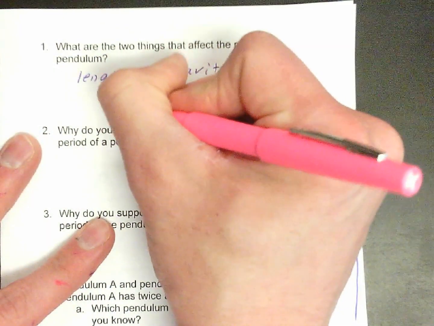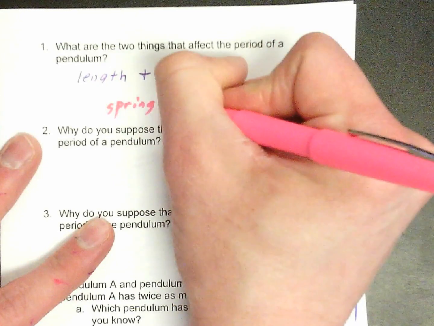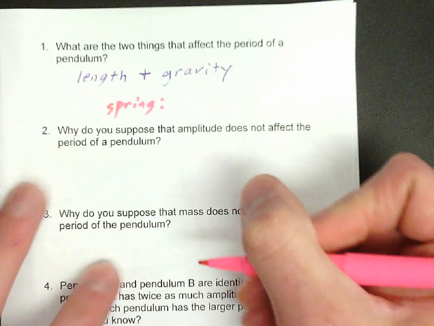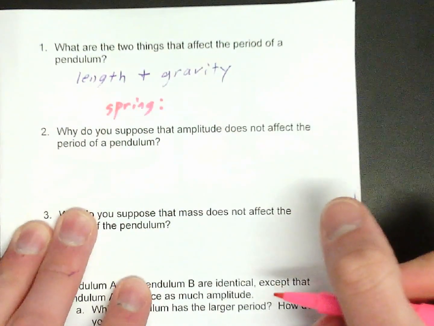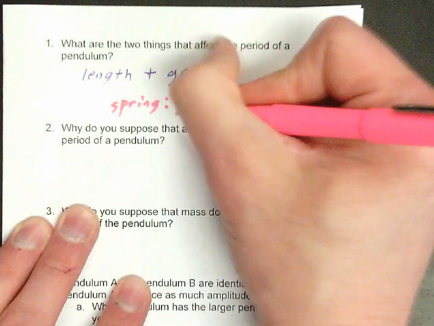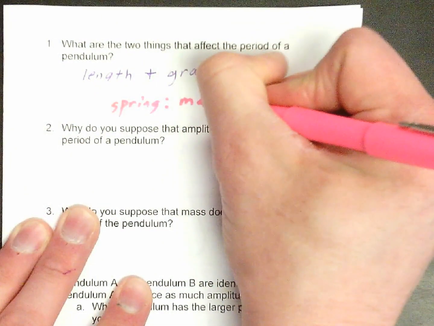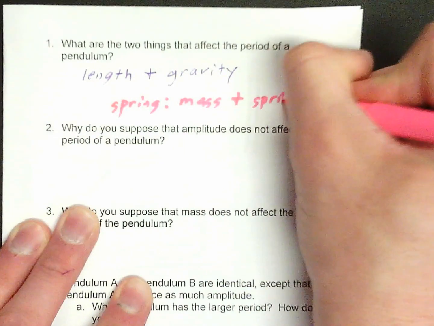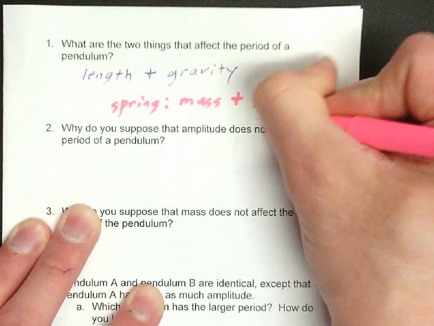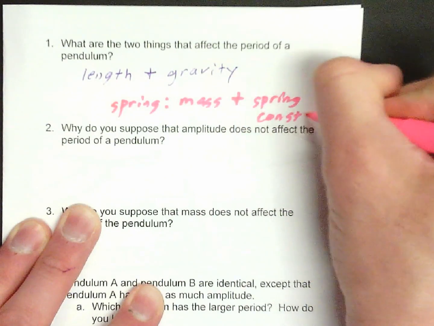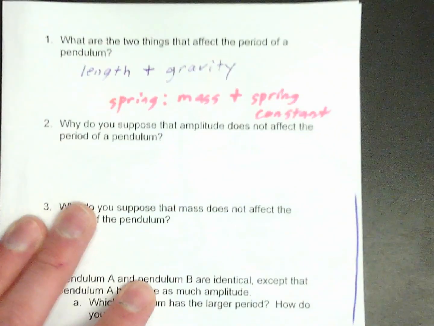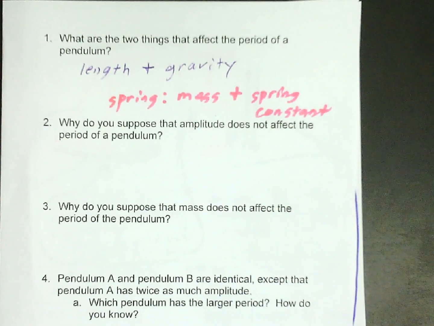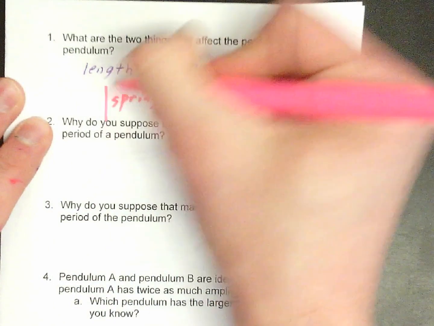I didn't have springs listed because I ran out of room. For springs, we also talked about those, and that was mass and spring constant.